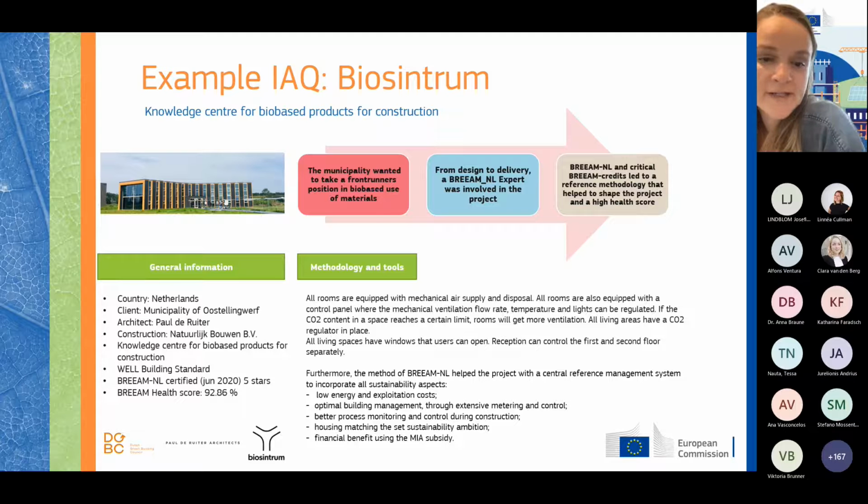It uses low energy, low exploitation costs. So they really also took a look at what is best from a whole life cycle perspective, and how can we implement all different indicators in this building.